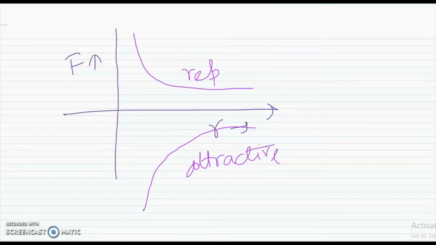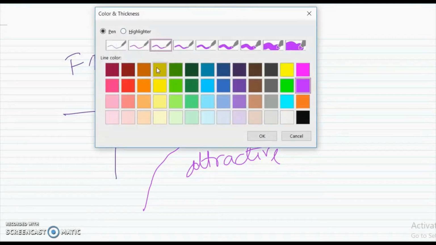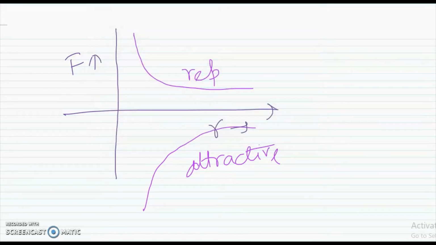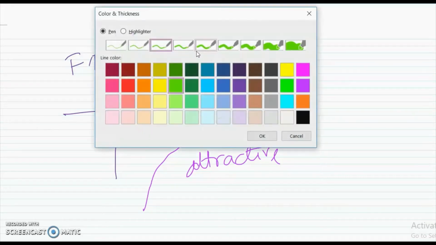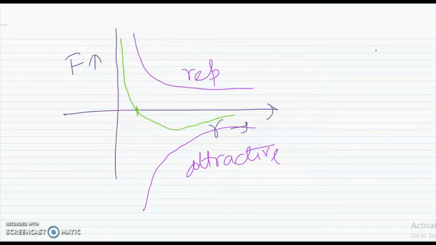So at R equal to R0, what we have seen already is that the potential energy is maximum, which means the force is equal to 0. So at R is equal to R0, we can plot it here.